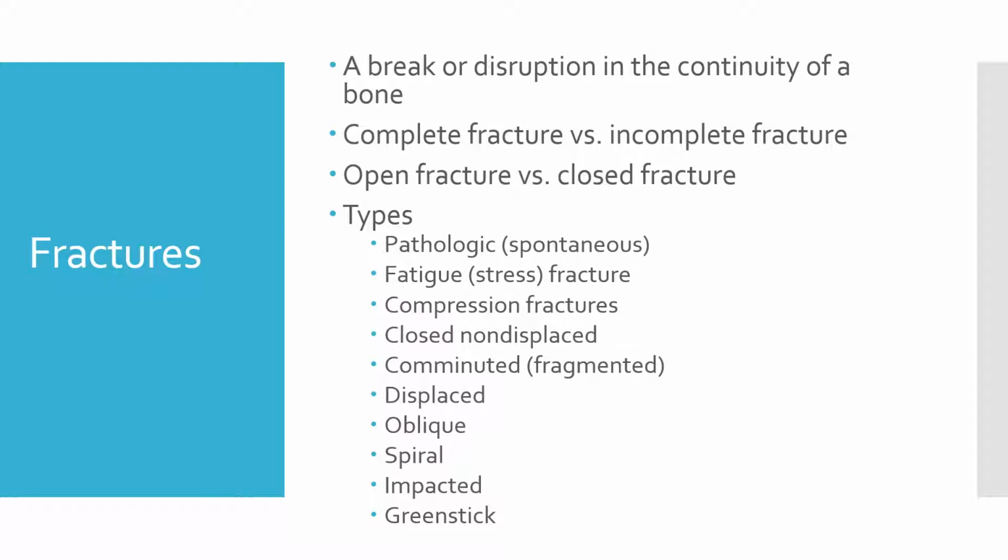The different types of fractures: pathologic is spontaneous. It occurs after minimal trauma to a bone that has been weakened by a disease. Fatigue or stress fracture results from excessive strain and stress on the bone.